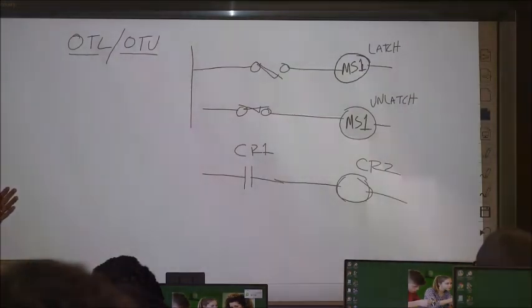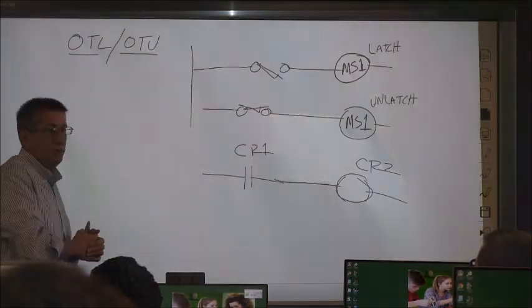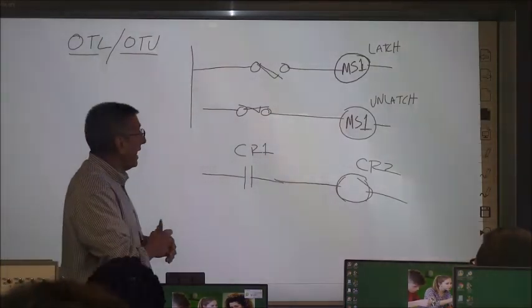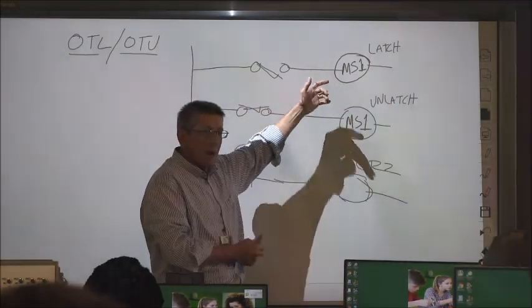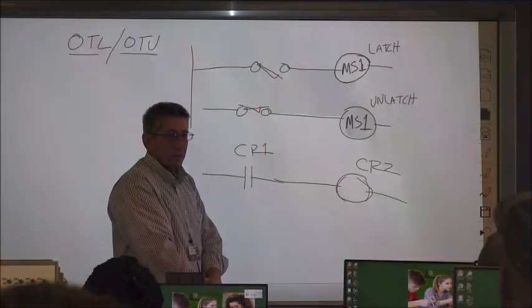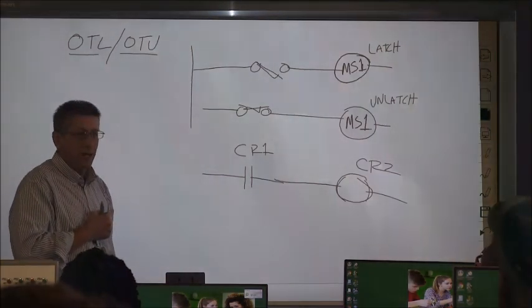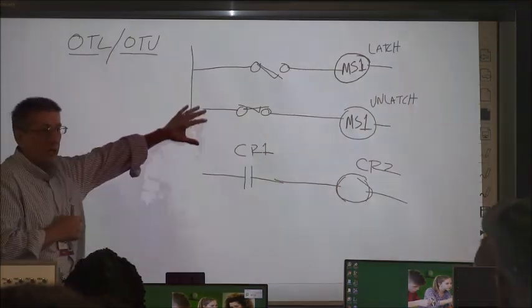Is that a good idea? Why not? What can happen is we latch up this motor starter, the power goes down, and when power comes back up, this machine's immediately going to take off, wherever it's at, because we've latched it up.